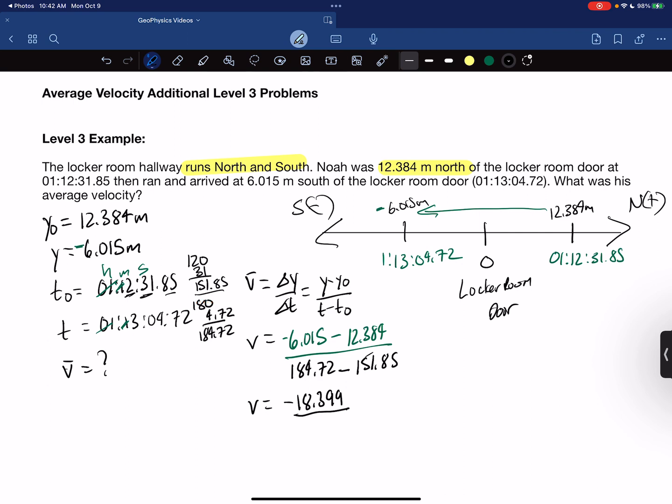And our difference in time is 32.87 seconds. And when we divide those out, that gives us a negative 0.55975505 meters per second.